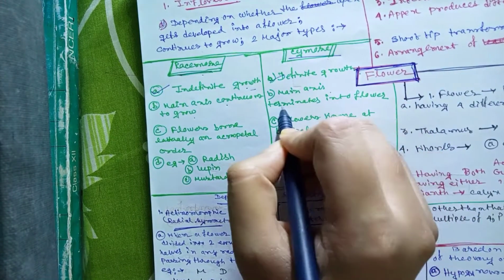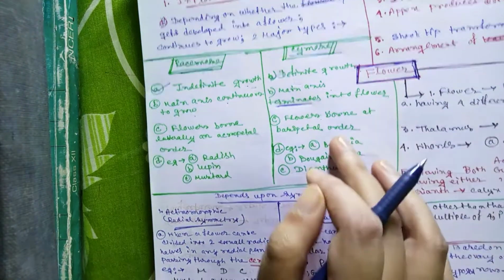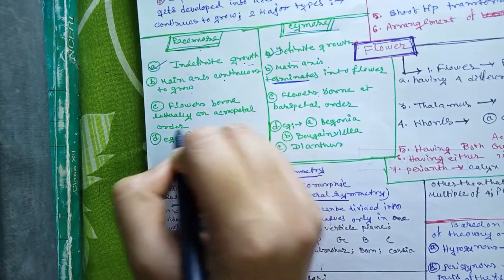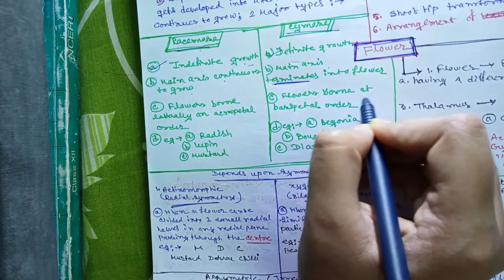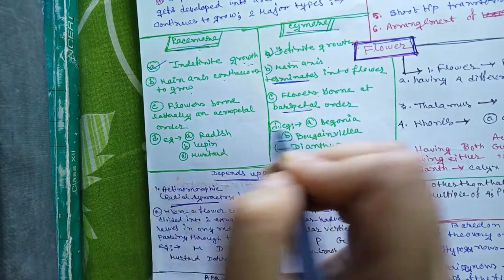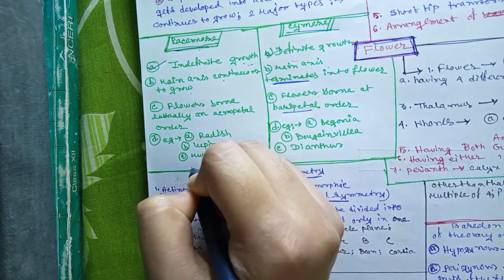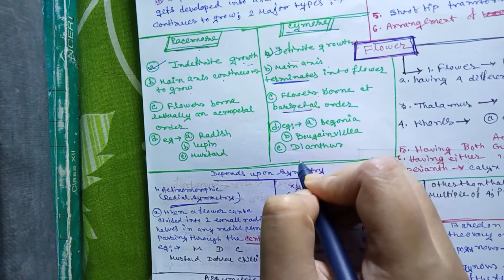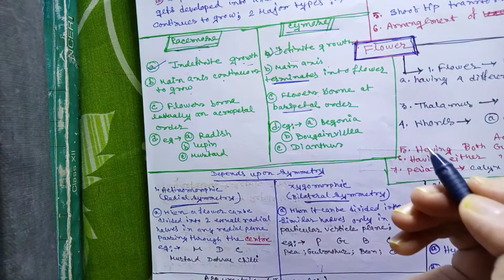Cymose: main axis terminates into a flower. Flowers borne laterally in acropetal order. Flowers borne in basipetal order. Racemose examples: radish, lupin, mustard. Cymose examples: begonia, bougainvillea and dianthus.